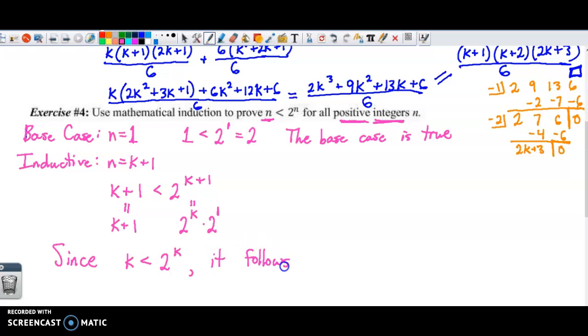and I don't know how obvious this is to you, but it follows that adding 1 to k is not going to be bigger than multiplying this number by 2. So k plus 1 is going to be smaller than 2 to the k times 2. And I'll give you the notation that math people use for therefore. It's just 3 dots.